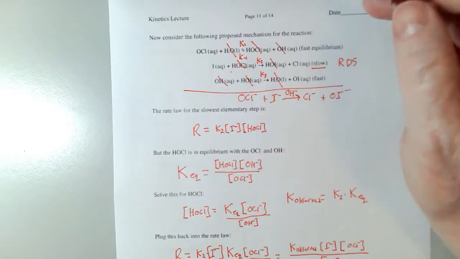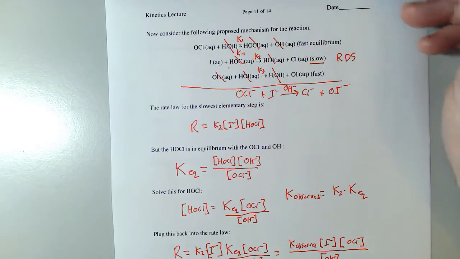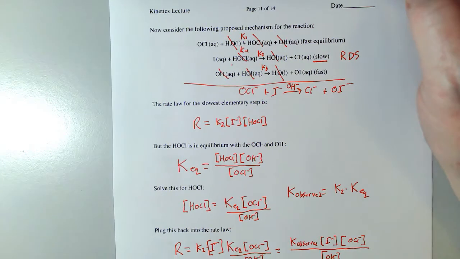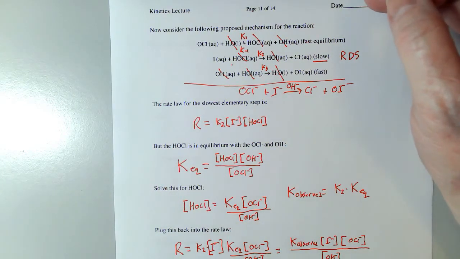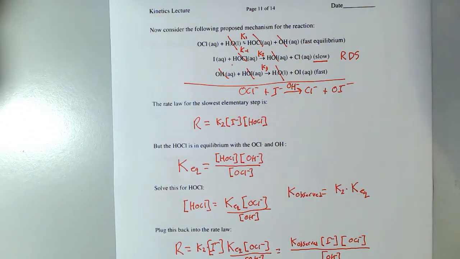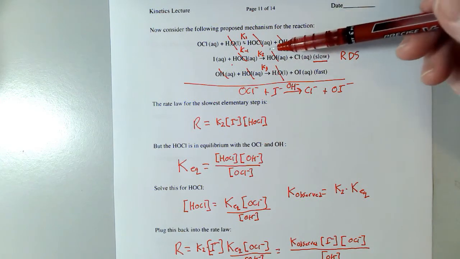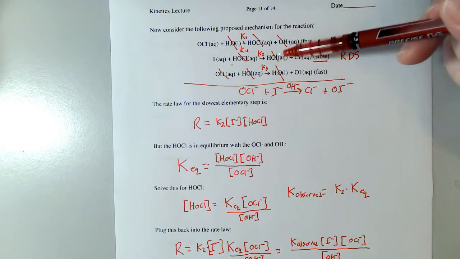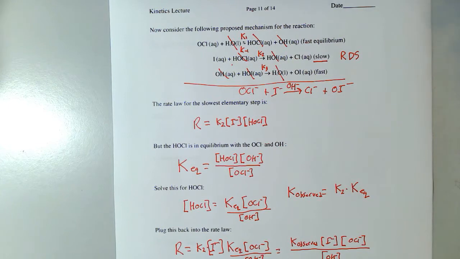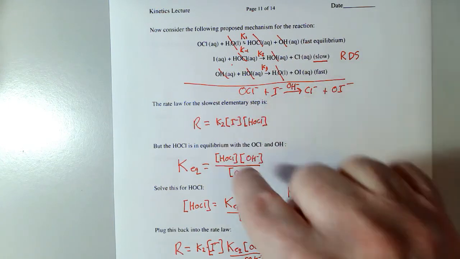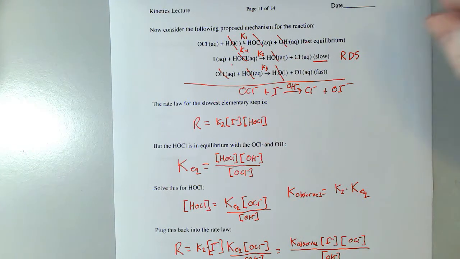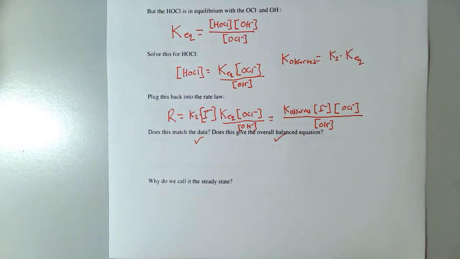So essentially, the concentration of HOCl stays in a steady state, which is not equal to 0, but equal to some number. Okay? And they do ask you often to look at one of these mechanisms and see if it is consistent with a rate law. So you'd have to do these substitutions to see that it works out the same.